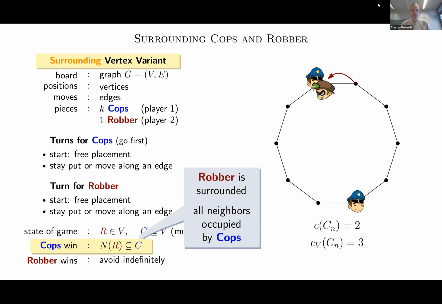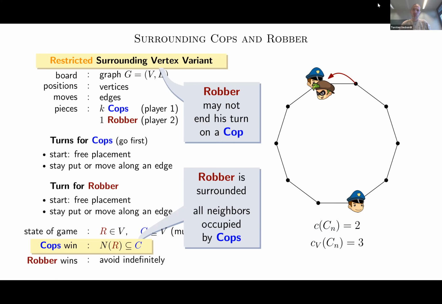But it might feel a little bit bad that the robber can be on a cop without being caught. So there's also a restricted surrounding variant where you have the additional rule that the robber may not end his turn on a cop.